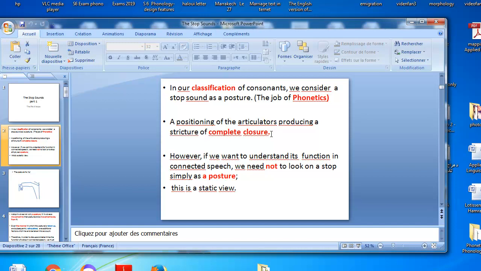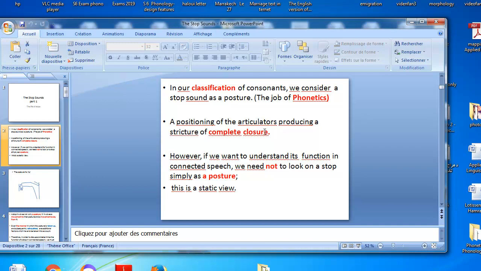Now, the sound k, from a phonetic point of view, what do we call it? How do we describe it? Among the labels we give it is that it is a Velar sound. K is a Velar sound. Why?